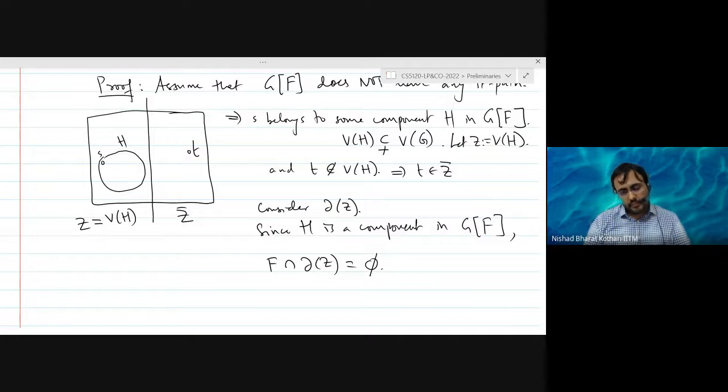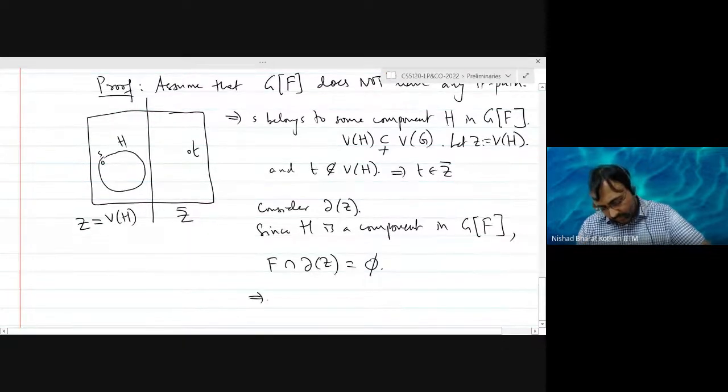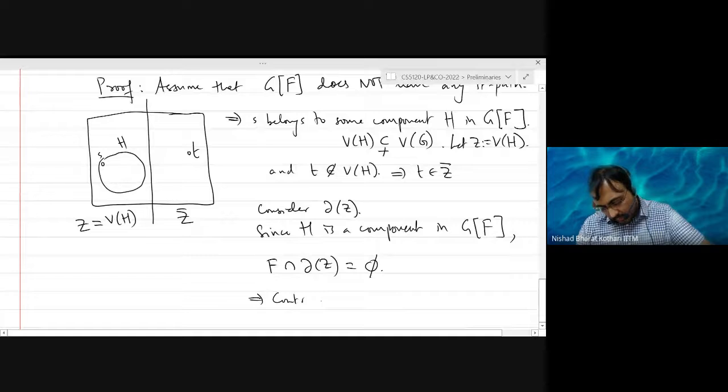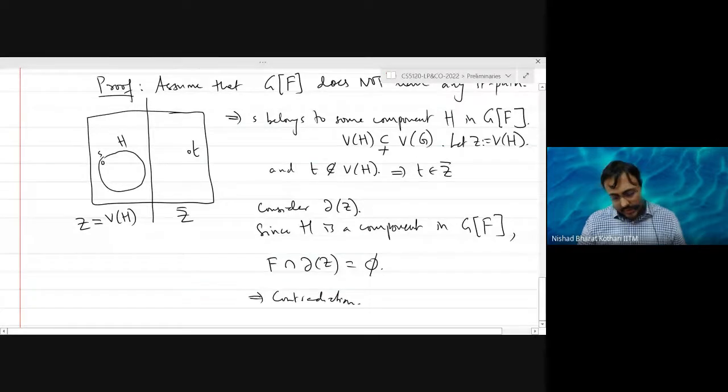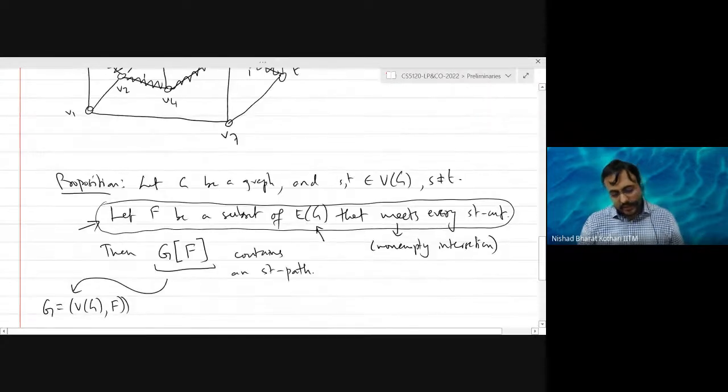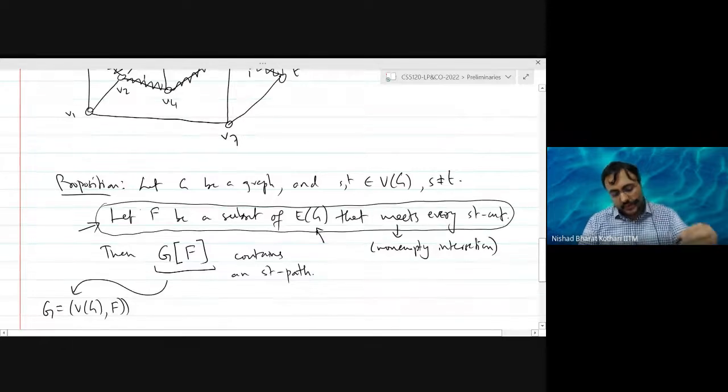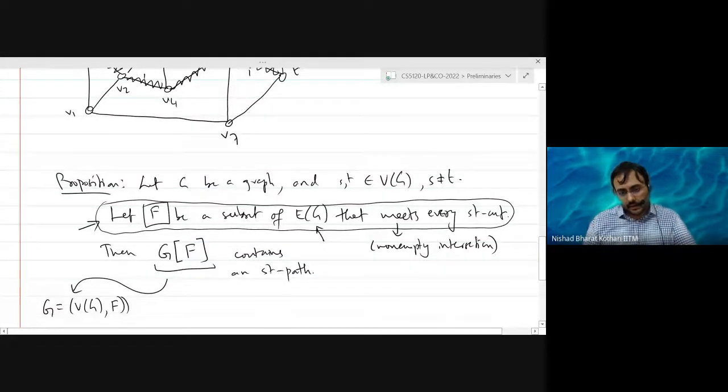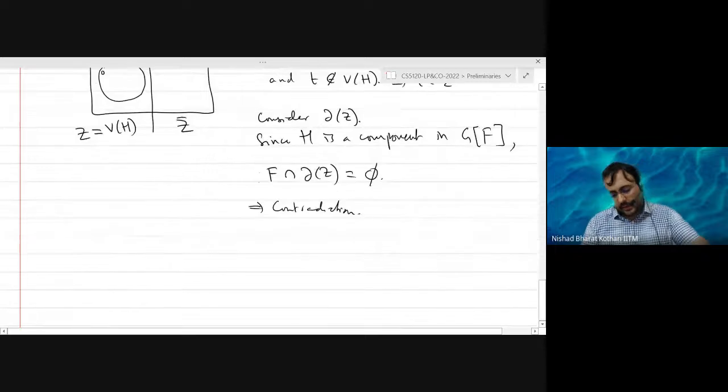Right? And that in particular implies that we have a contradiction, because we assumed that for every ST cut, the set F intersects that ST cut. And here we have an ST cut where the intersection is empty.